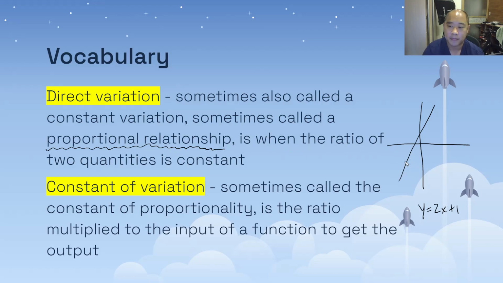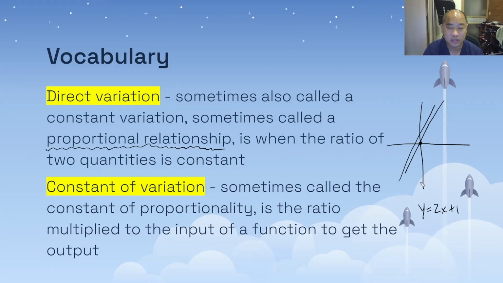In this type of relationship, the ratio between the rate of change will always be the same. And one way that you can know that that's happening is if the line passes through the origin, the middle of the graph, where the x and y meet.